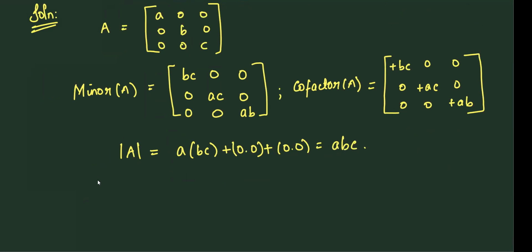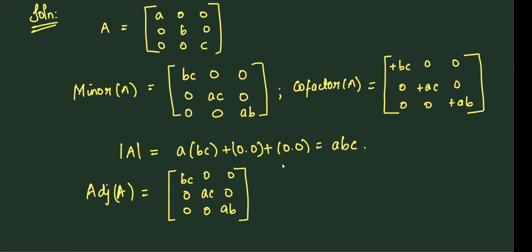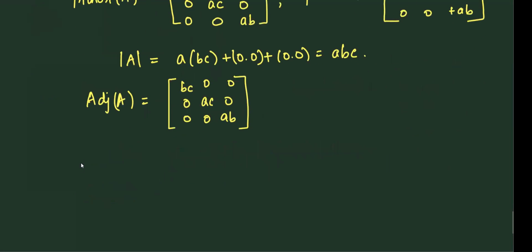Good. What is the adjoint of A? Same: BC, AC, AB, 0, 0, 0, 0, 0, 0. What is A inverse?